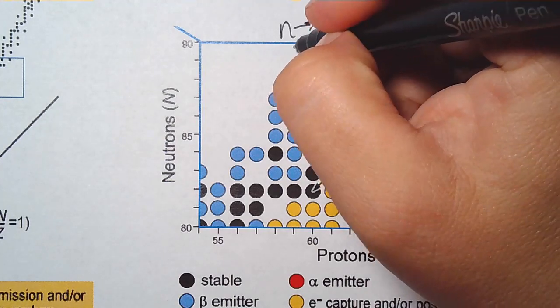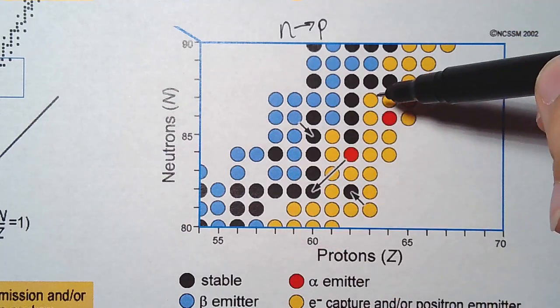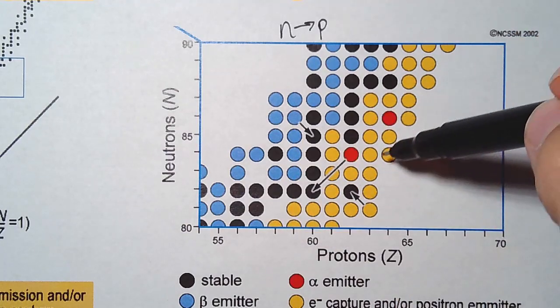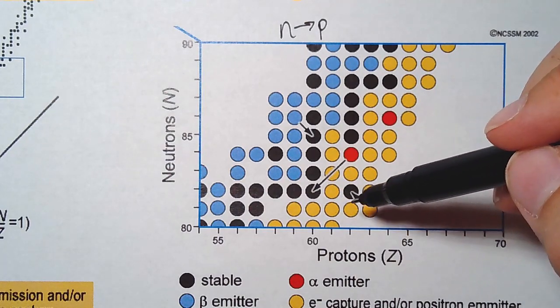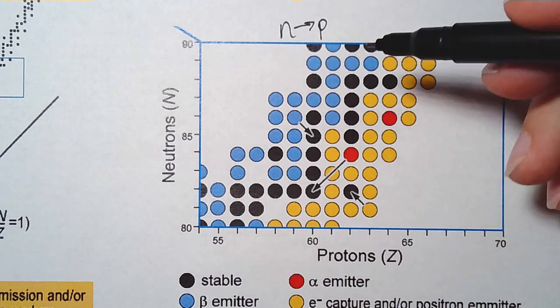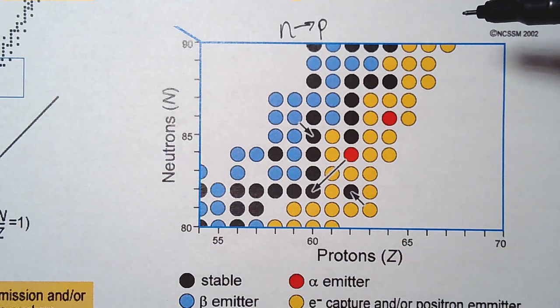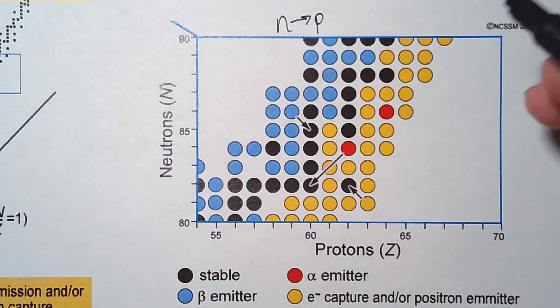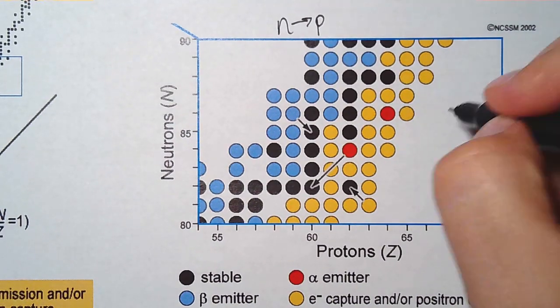Below the black line, we have these yellow circles, and this indicates that these are radioactive isotopes because their NZ ratio is too small. They don't have enough neutrons compared to the number of protons they have. So what kind of decay do they do? Well, if they have too many protons and not enough neutrons, we're going to turn protons into neutrons.